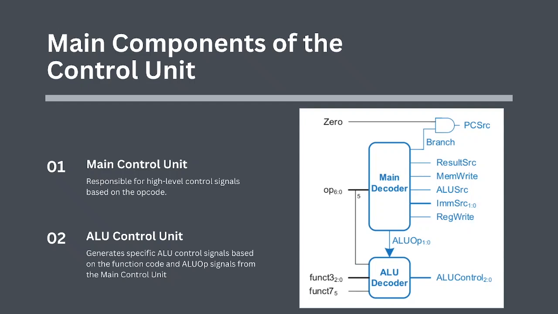In short, the main control unit manages the overall control signals for the processor, while the ALU control is dedicated to ensuring the ALU performs the right arithmetic or logical operation. Both control units need to work together seamlessly to make sure the processor executes instructions correctly. With that overview in mind, let's now get into designing the main control unit.